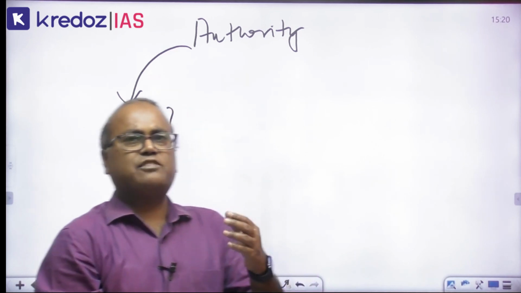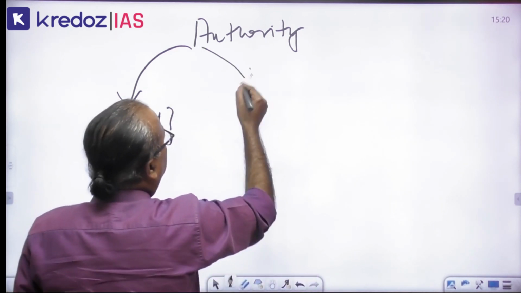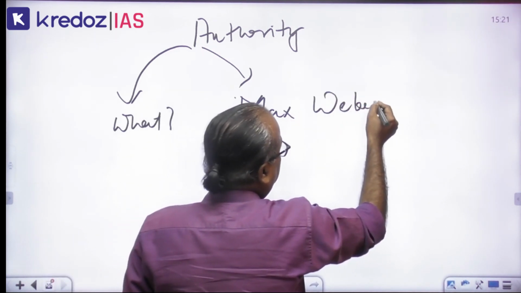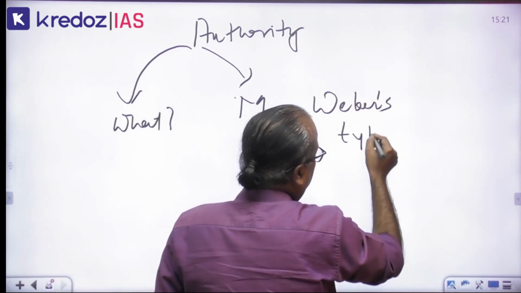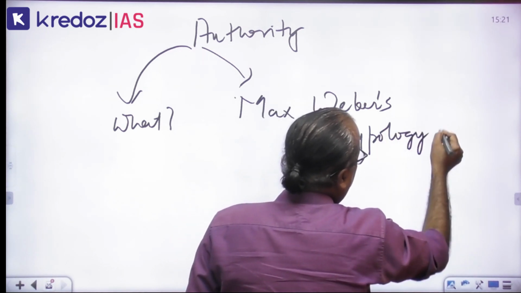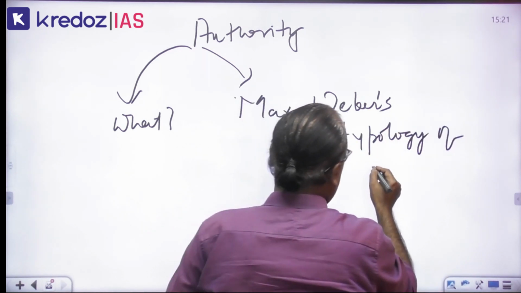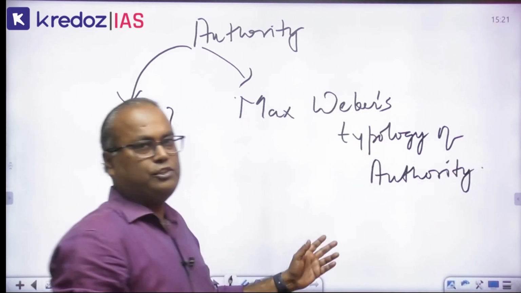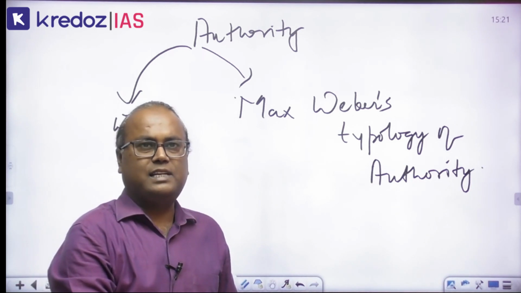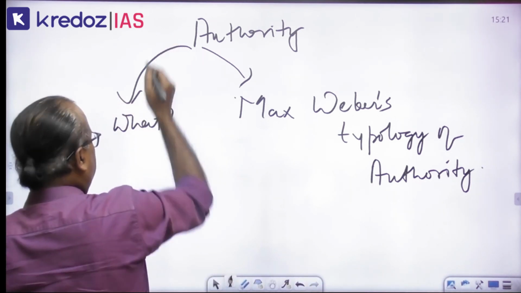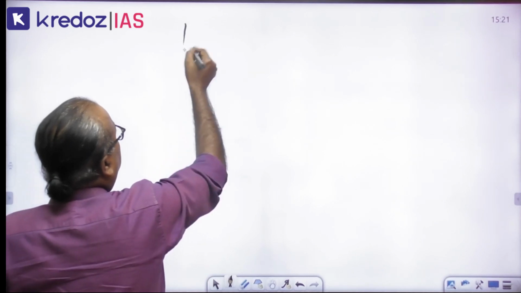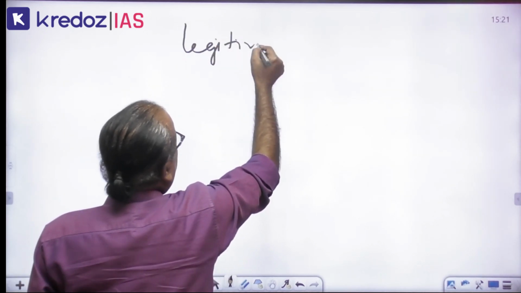What is Max Weber's typology of authority. After understanding this, you have to understand the difference between authority and legitimacy. So next is legitimacy.